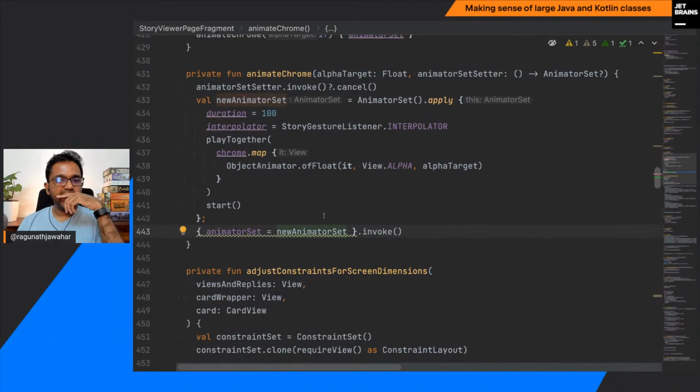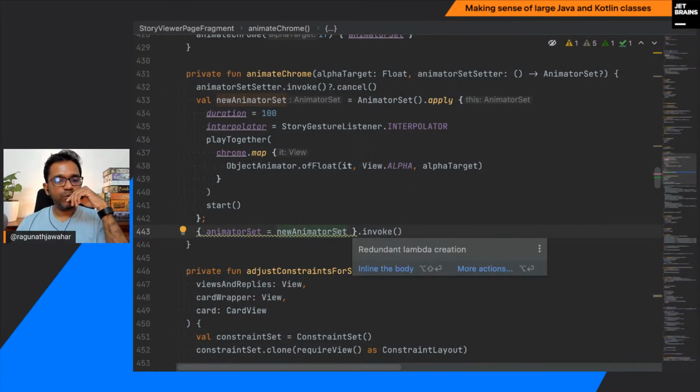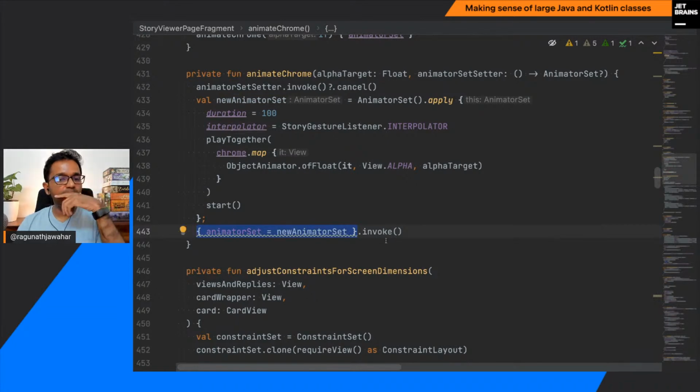And what we need is an animator set, right? So if I want to break this dependency, I have to pull the setter outside the function, right? To break that dependency, at the moment it's an action 0. What we want to do is make it an action 1, which means it's a lambda that takes no parameters and returns no value, right?